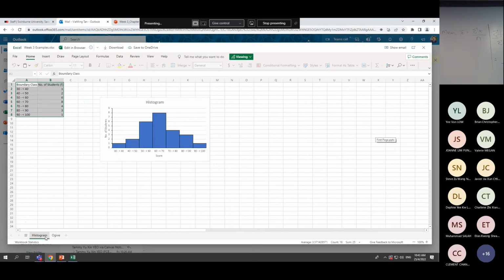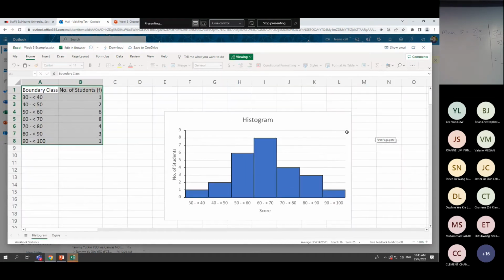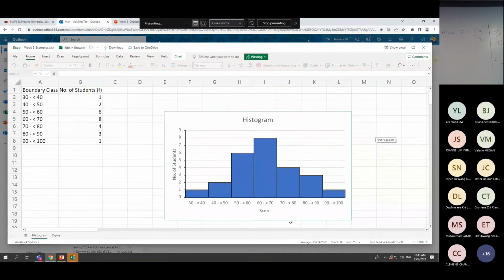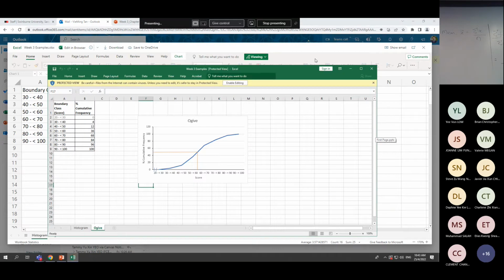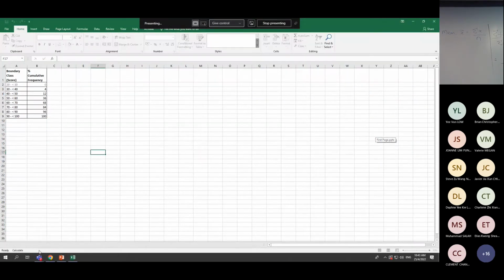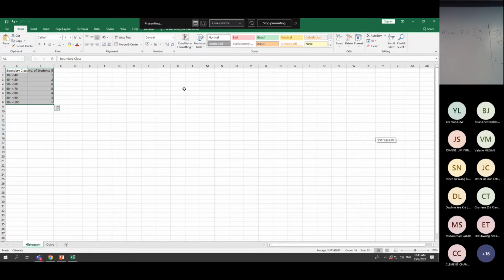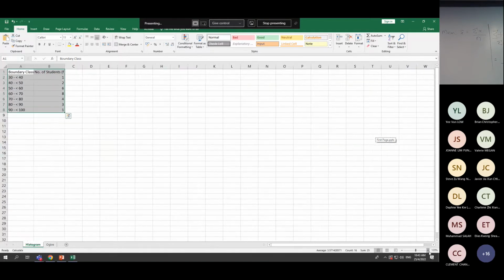Okay, I'll start with the histogram. I try to increase the size so that you can see. Okay, let's say I delete. Okay, we'll do it again. All right. One more time.